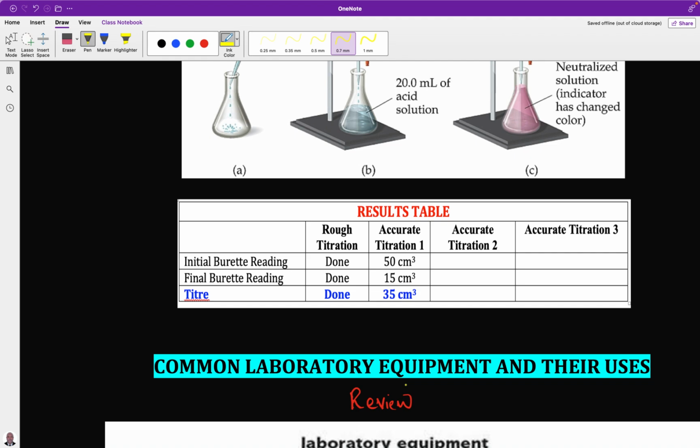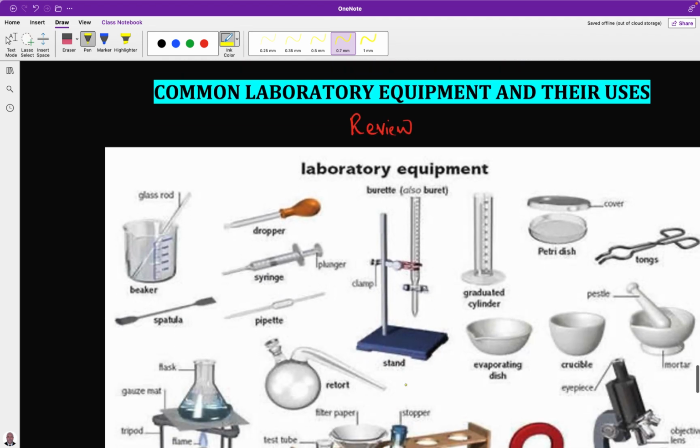So if you don't know the different equipment that are used for different purposes, it will be difficult for you to answer such a question. So it is obligatory for learners to know about the common laboratory equipment and their uses. We now go to them.